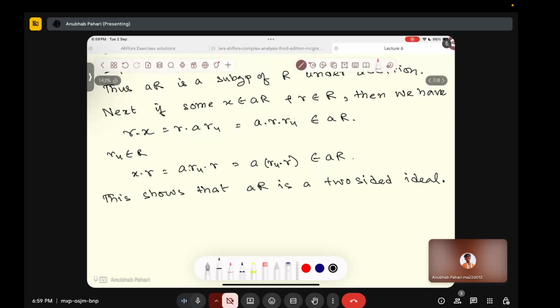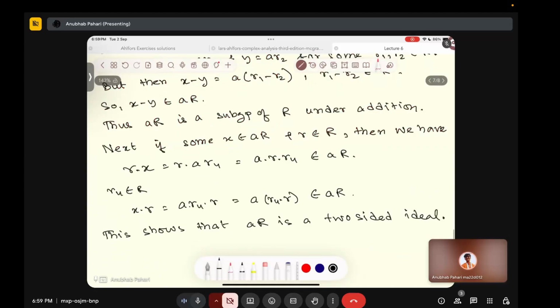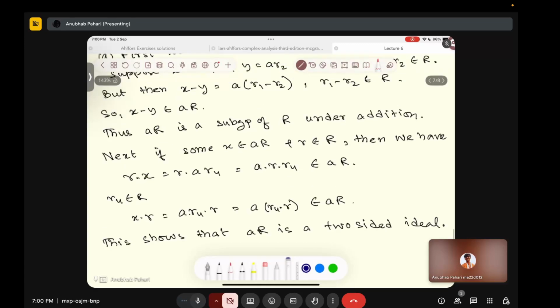Now the second question was to show by an example that this may be false if R is not commutative, and you can see precisely where we used commutativity. Only here, to show that it was a left ideal.